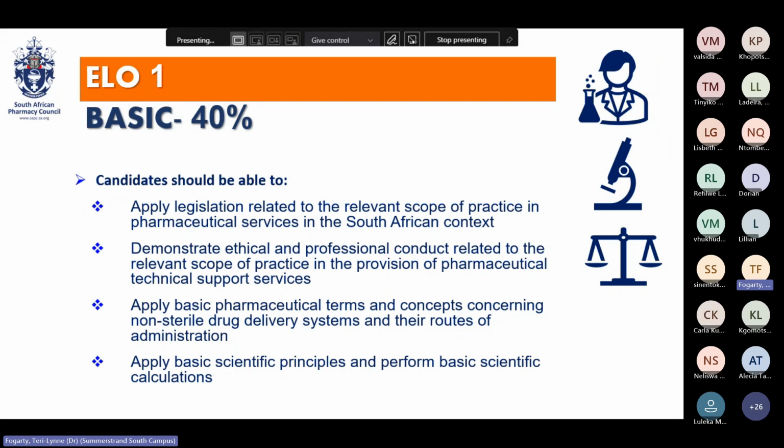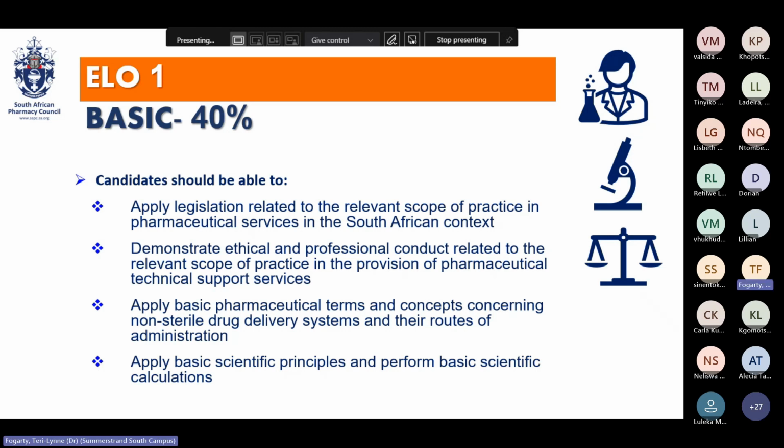That means you need to understand from a legislation point of view, you need to check and go and find out what the practice regulations say about a basic assistant's scope of practice. Because sometimes when you're in practice, some things happen in practice that are not linked to legislation. And so you've got to make sure that you know what is in the legislation itself.